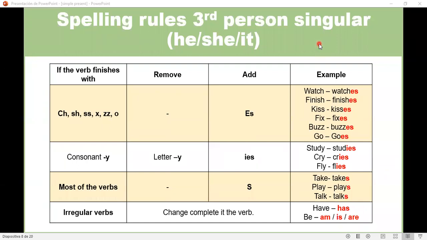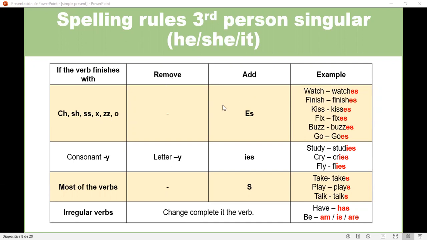Okay, it says spelling rules in the third person singular form. It means for he, for she, and for it. So, first rule, if the verb finishes with CH, SH, SS, X, ZZ, or O, si el verbo termina con CH, SH, SS, X, ZZ, or O, what happens if the verb finishes with those consonants or letters, okay?